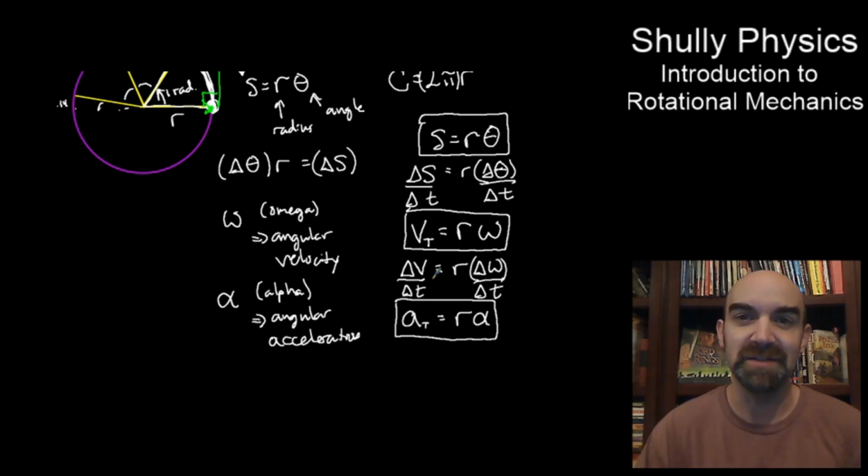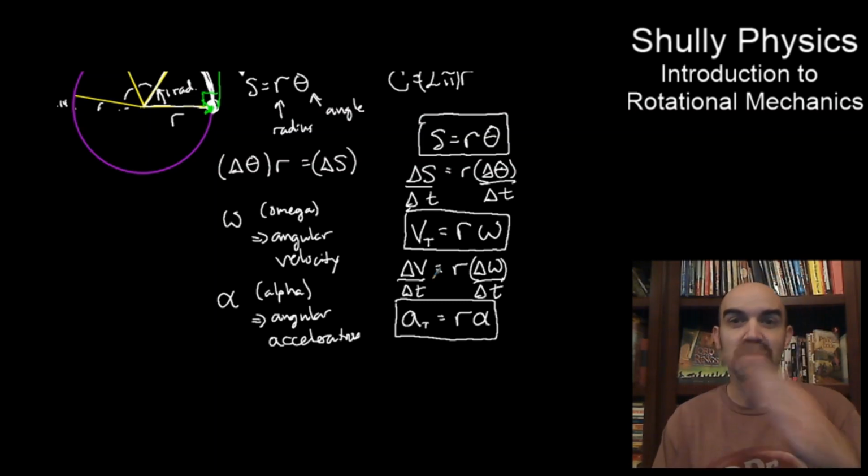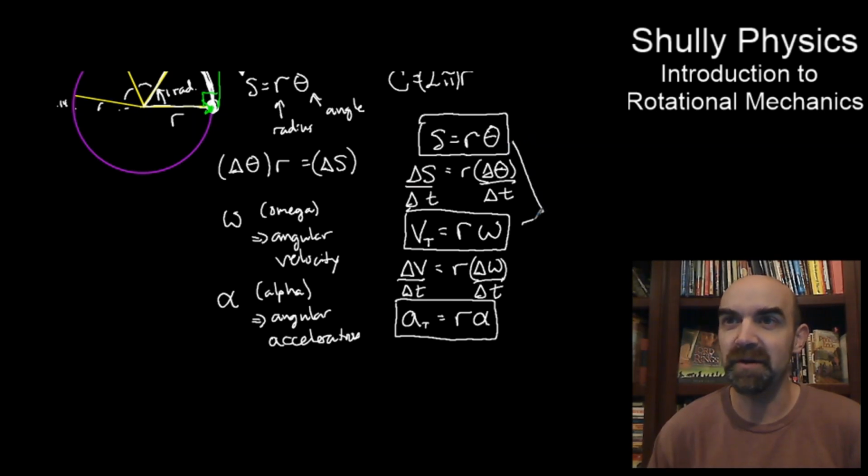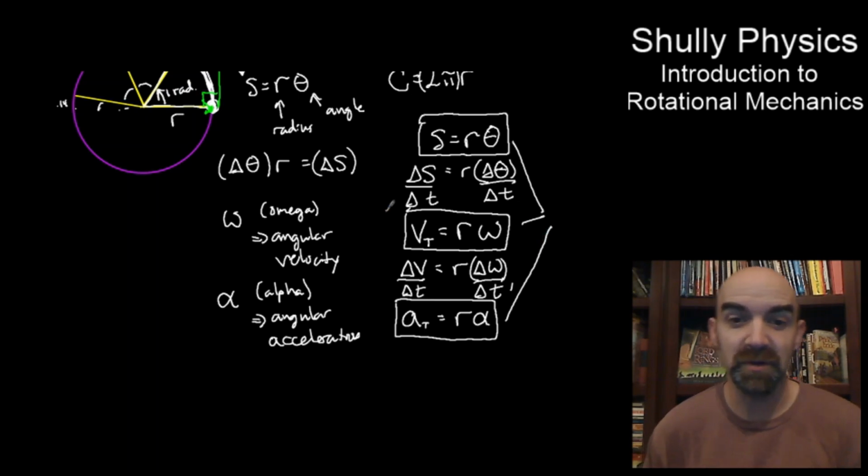What is its velocity? What is its acceleration as compared to the angular displacement, how much it turns through, also compared to its angular velocity and angular acceleration. So those are our comparison pieces. These compare translational motion to rotational motion. So this would be important to keep in the back of our pocket as we're going through this unit. You always need to keep these fresh. They're always going to keep popping up exactly at the time you need them.